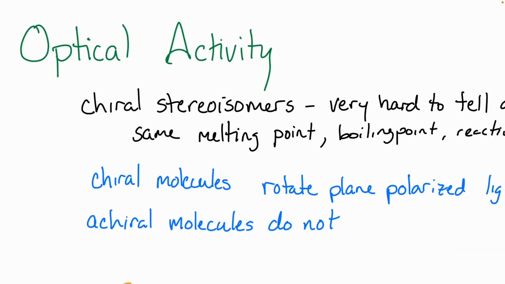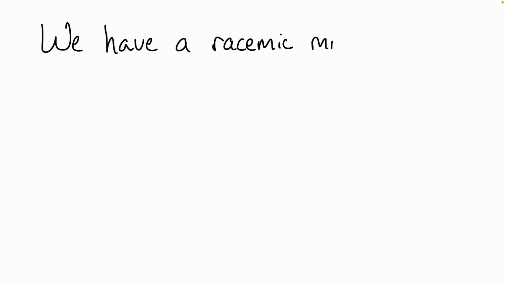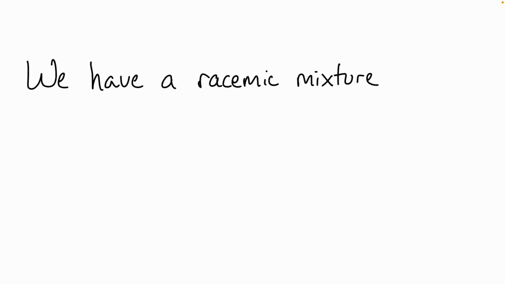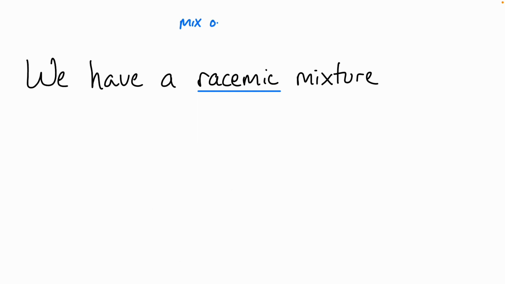All right, so now let's say we have a racemic mixture. Last one, I promise, but another vocab word here. A racemic mixture is a mix of stereoisomers.